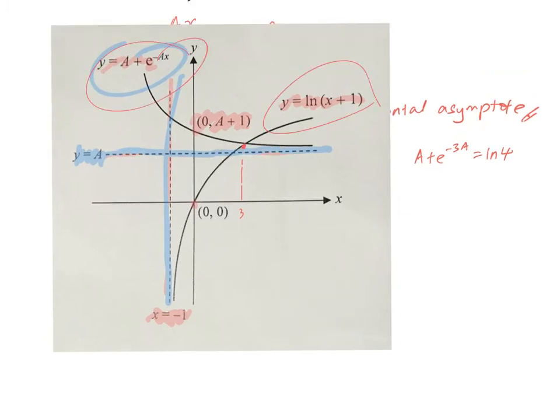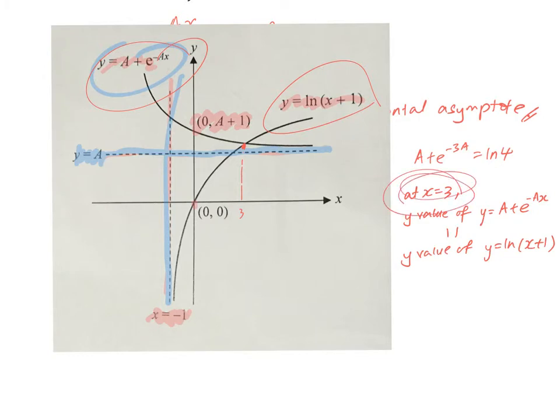If x equals 3 satisfies both of them, then at x equals 3, the y value of y equals a plus e to the power negative ax should equal the y value of y equals ln of x plus 1. It's common sense, because otherwise why would they give you x equals 3? That itself is the hint. So I just sub x equals 3.